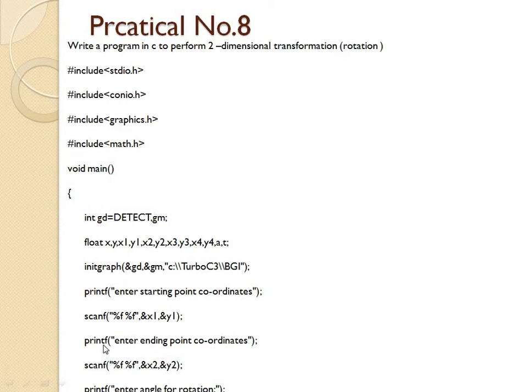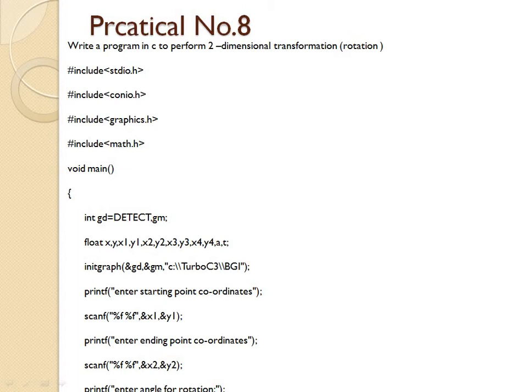Then we use the printf function to give the user the message: enter the ending point coordinates, like x2 and y2. By using scanf we scan these values, x2 and y2. The user will put in the x1, y1 values and the x2, y2 coordinates.